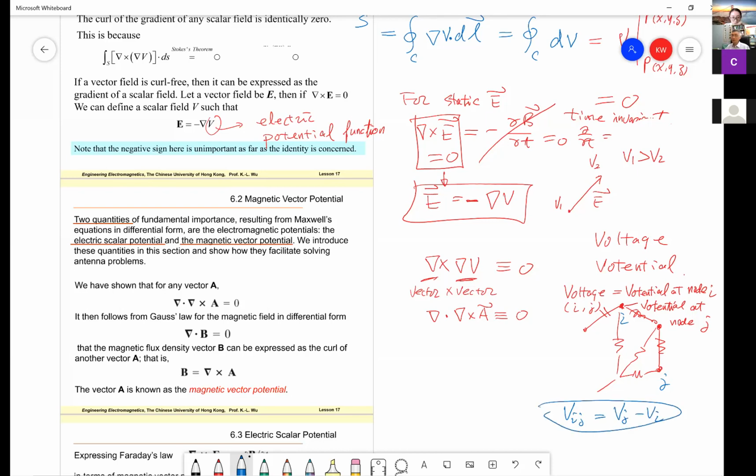This is what we learned in circuit theory. In circuit theory, the potential is relative to the ground, right?